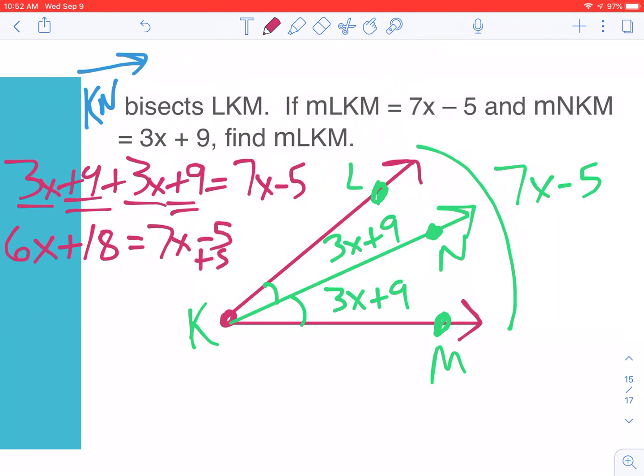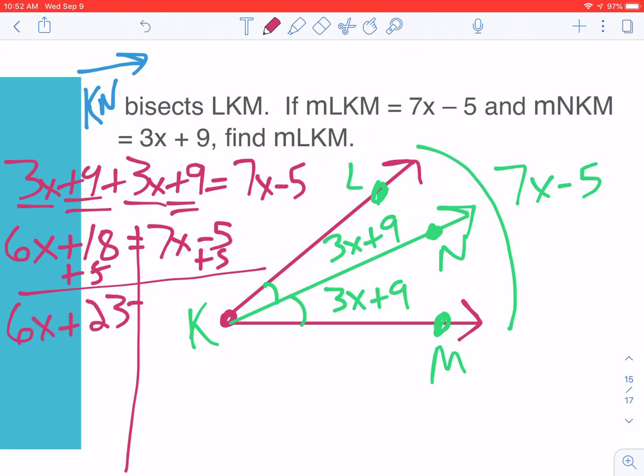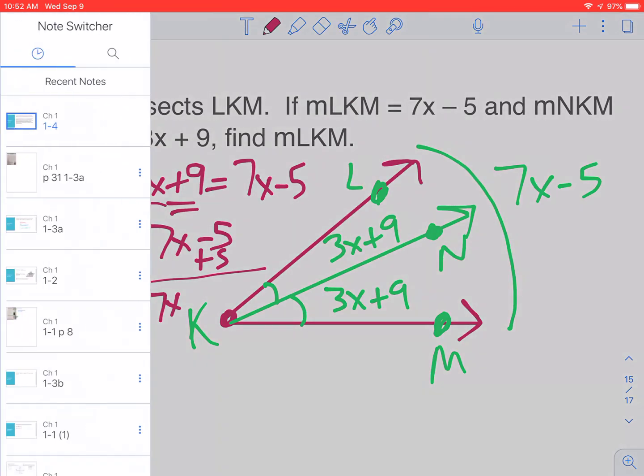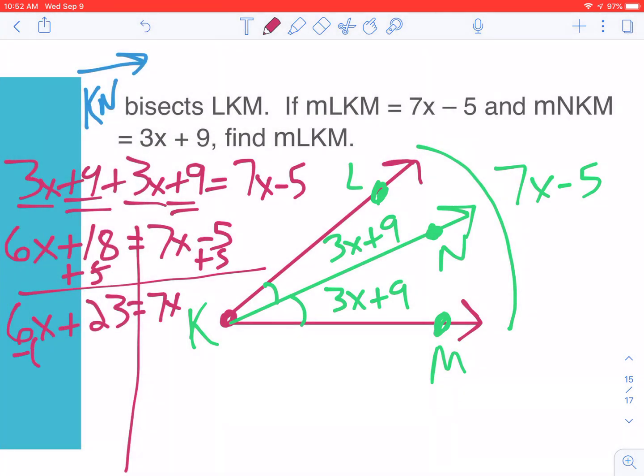I'm going to add 5 to both sides. So I'm going to get 6x plus 23 equals 7x. And now I'm going to subtract 6x. And so 23 will equal x. Does it say to find x?